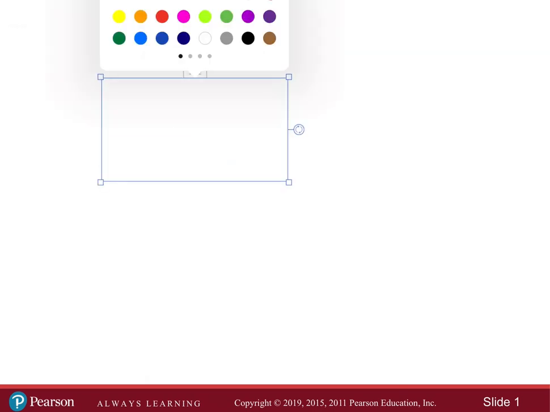I guess I should do my graph paper. Okay. So it looks like we have two simple statements.